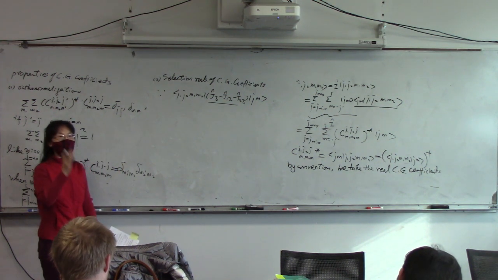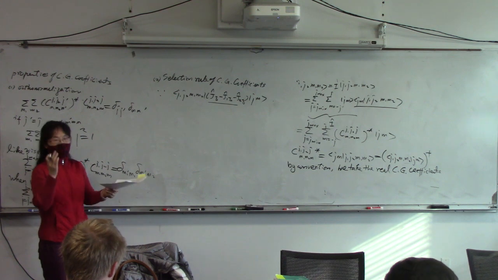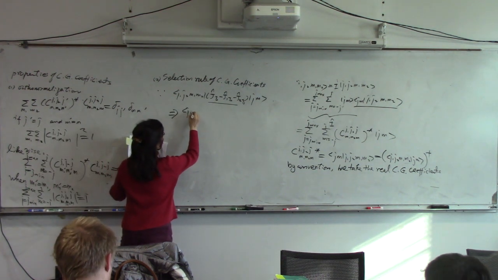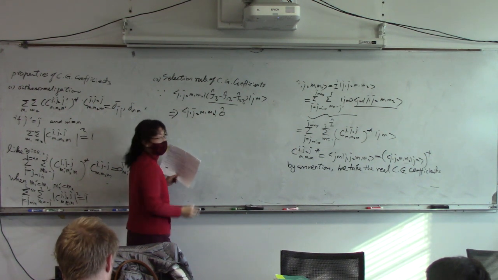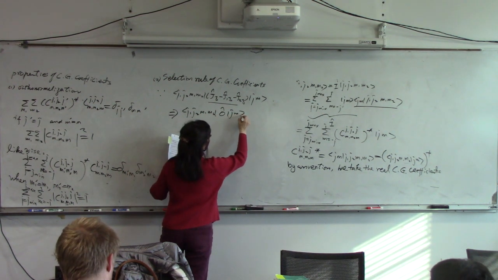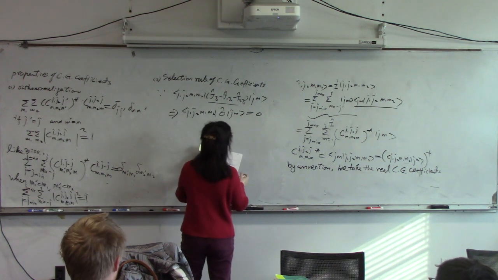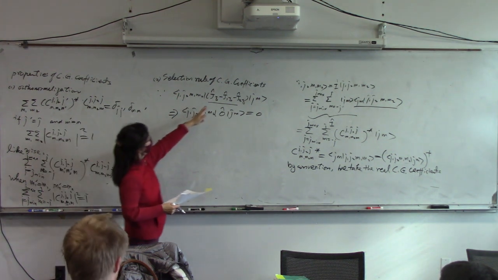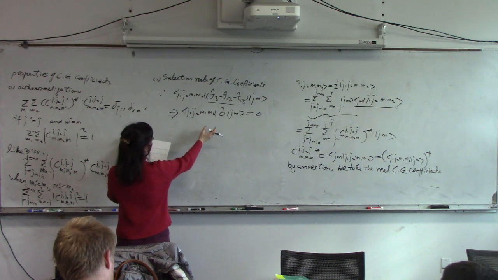Jz equals J1Z plus J2Z, so Jz minus J1Z minus J2Z is equal to 0. So that is equal to J1, J2, M1, M2, 0 operator, J, M. And that is because it's 0, right? That is, we have this. That is only looking at this operator.